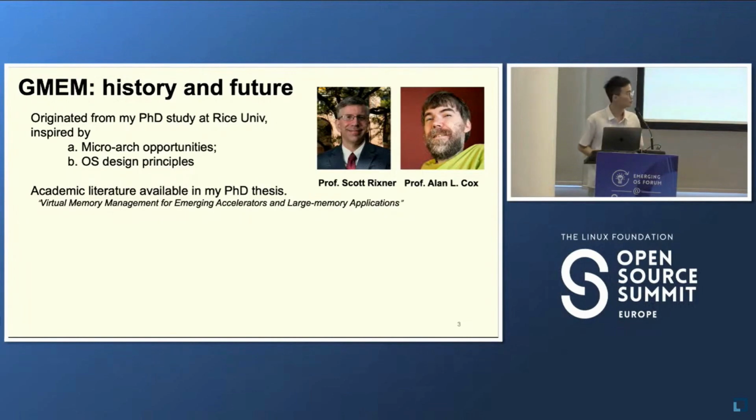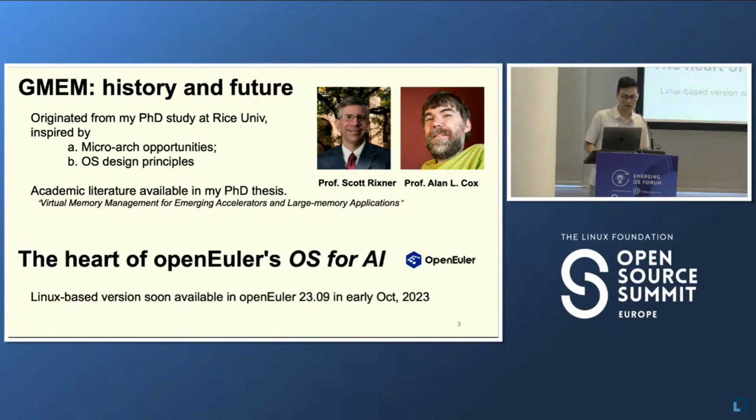So I was able to look at the idea from two aspects, both from microarchitecture and from OS design principles. And we decided that GMEM would be the heart of OpenOLA's OS for AI. There will be a Linux-based version available in early October.